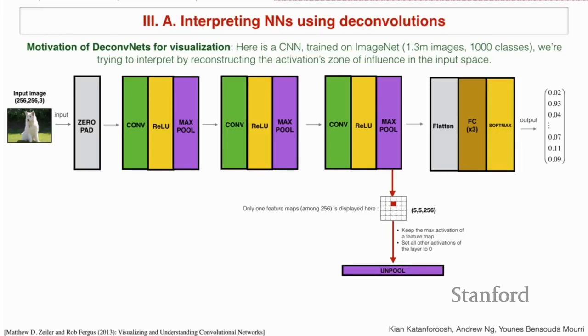I'm going to try to reconstruct in the input space what this activation has fired for. So I'm going to compute the reverse mathematical operation of pooling, ReLU, and convolution. I will unpool, I will unReLU, let's say. This word doesn't exist, so don't use it. But unReLU and deconv, and I will do it several times because this activation went through several of them.